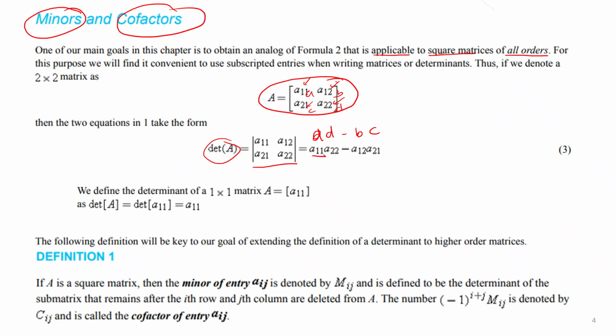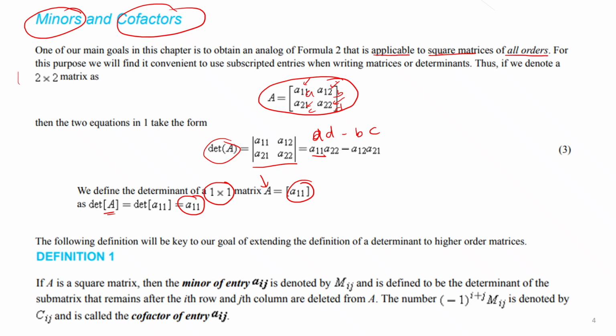Now, the determinant of a 1 by 1 matrix, which contains only one entry, is the value of that matrix itself.